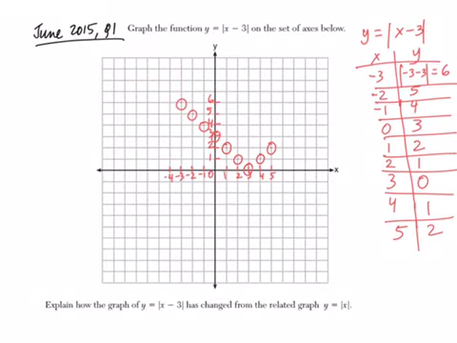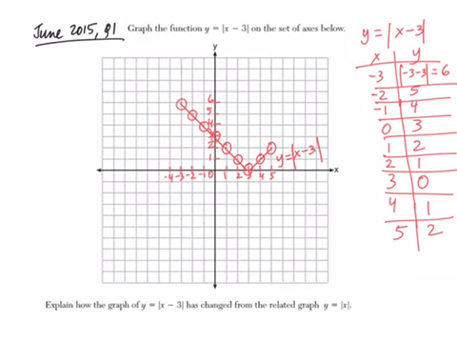So you get that V-shaped graph. So let's draw this line. So y is equal to the absolute value of x minus 3. Okay, so that's our first part.